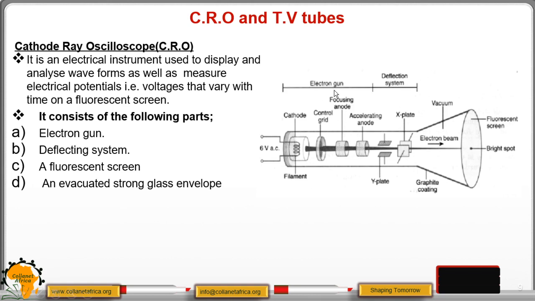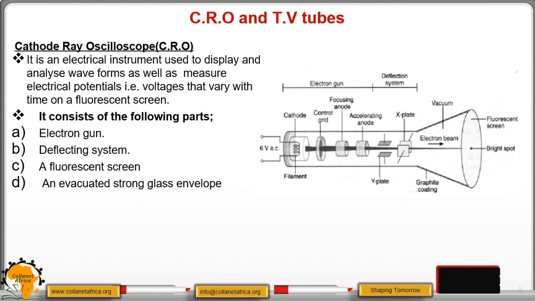We have this in the diagram. We have our electron gun coming up to that position. It has the cathode, the grid, the focusing anode and the accelerating anode. Then we have the deflection system that has the Y plate and X plate. Inside here is a vacuum, which we call the evacuated glass envelope.